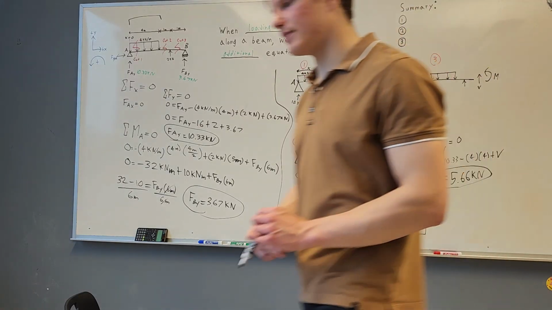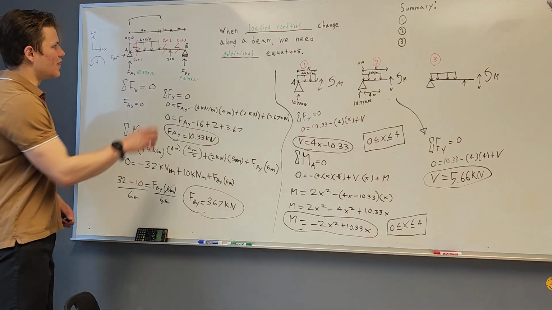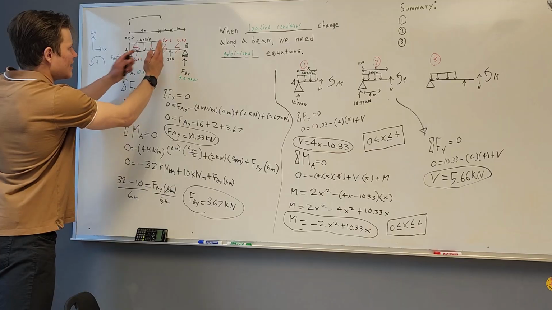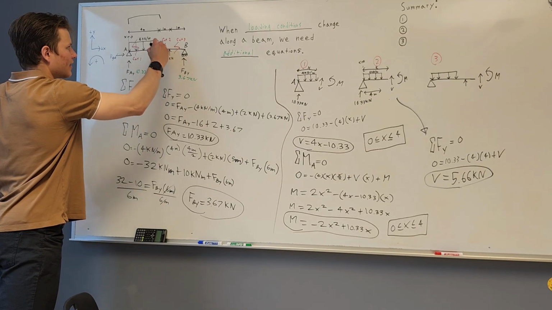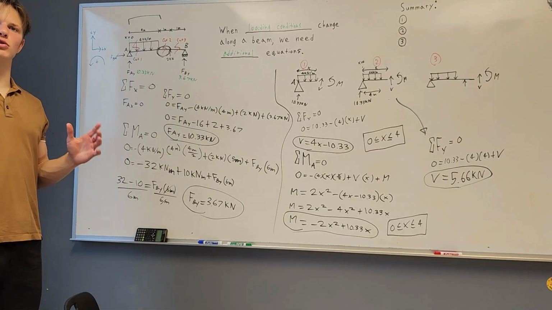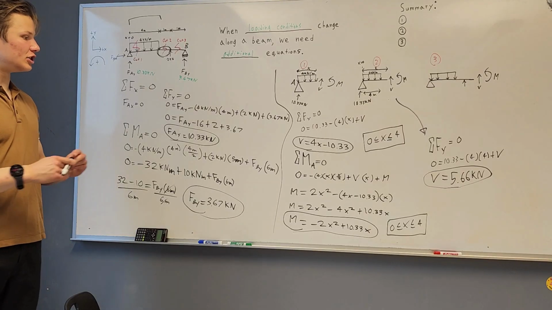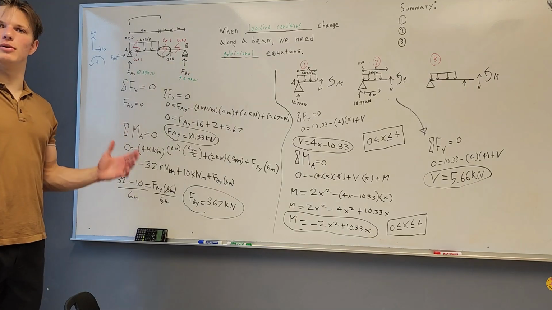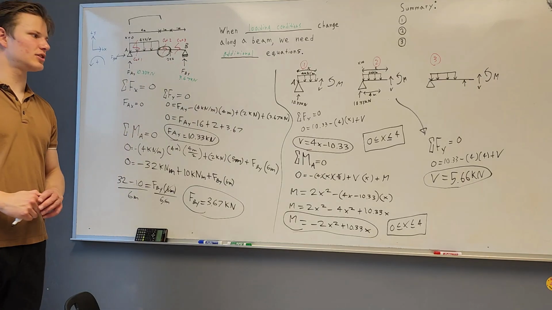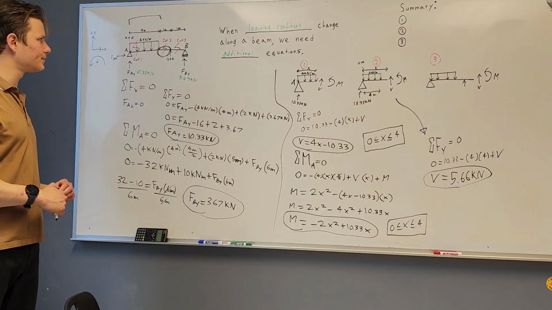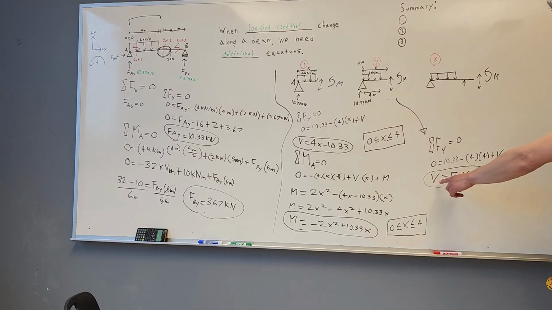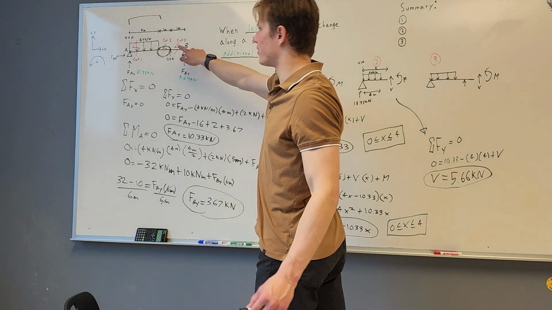But this makes sense because in this entire section the shear is constant, because in this section, just looking at this part right here, there's no loads in there. And we know that shear and bending moment are dependent on the loads acting at that point. If there's no loads in there, then the shear and moment simply don't change and will remain the same. So sometimes you will get answers where the shear is just a constant. It doesn't depend on x. And this happens in sections of the beam where there are no loads acting.